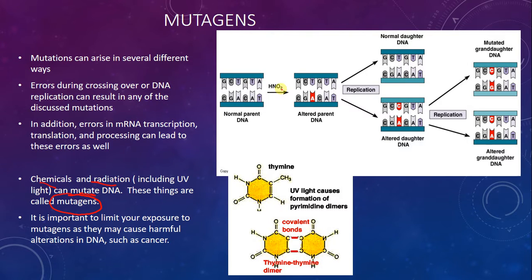So for example, if your DNA is subjected to this compound, it changes the binding site of adenine to look more like that of guanine.